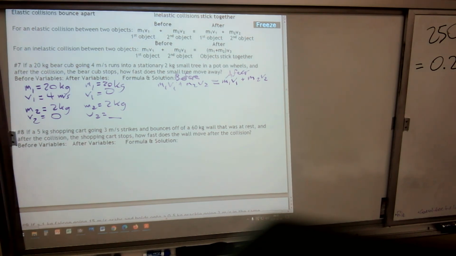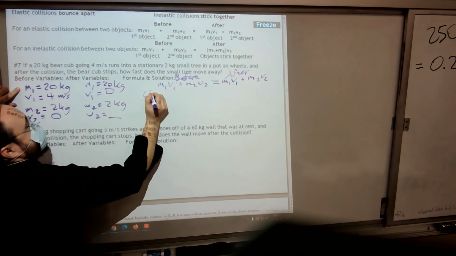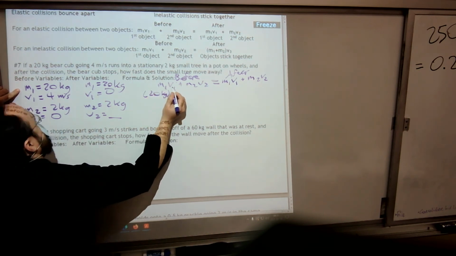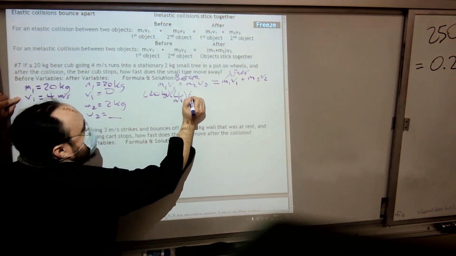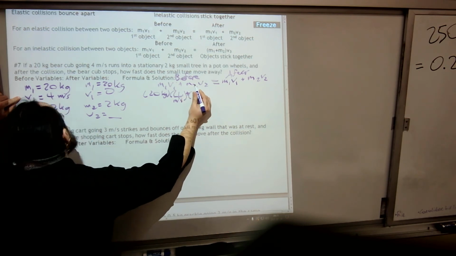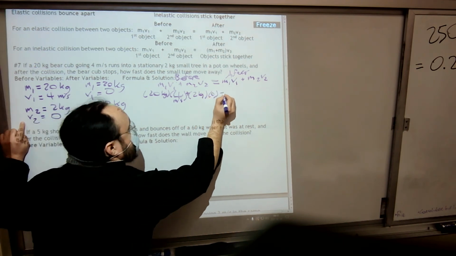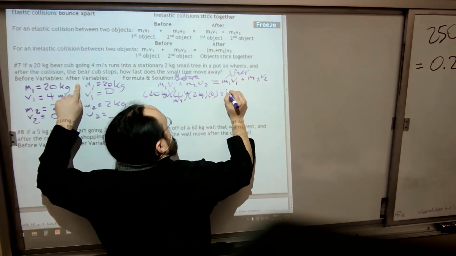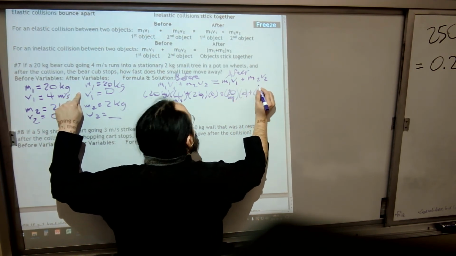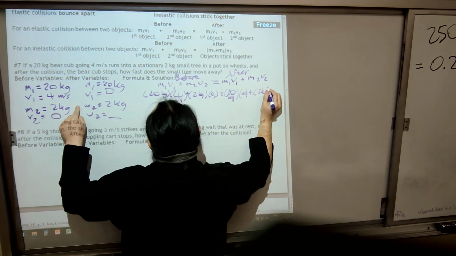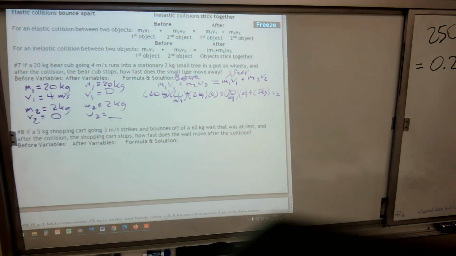Before: M1 is 20 kilograms, V1 is 4 meters per second, M2 is 2 kilograms, and V2 is 0. Afterward, M1 is 20 kilograms, V1 is 0, M2 is 2 kilograms, and V2 is what we're looking for. That's the hard part. Now is the easy part.